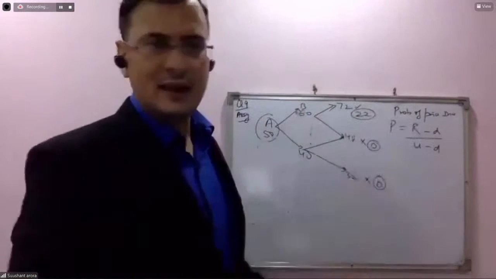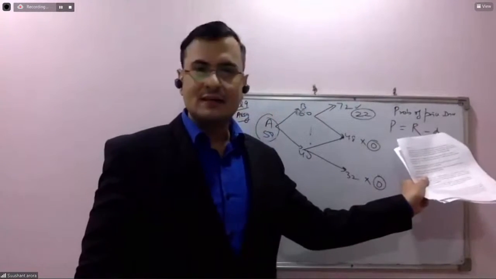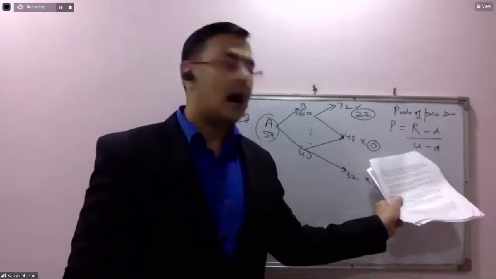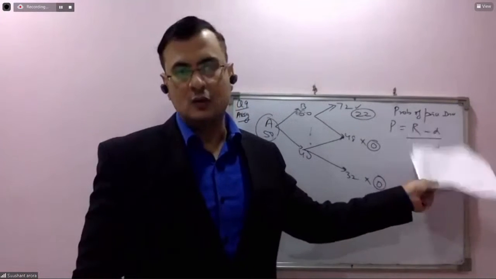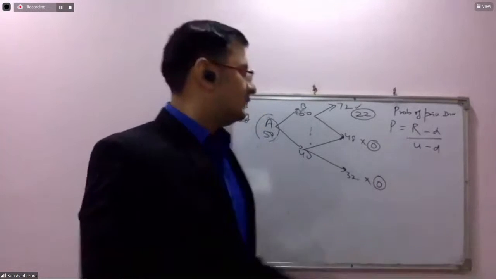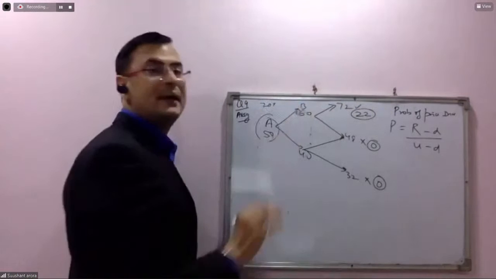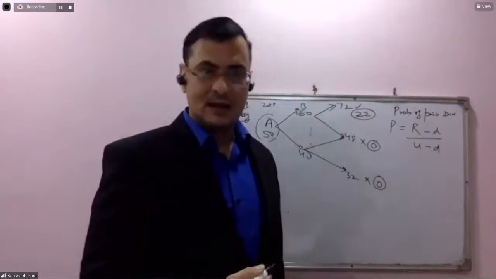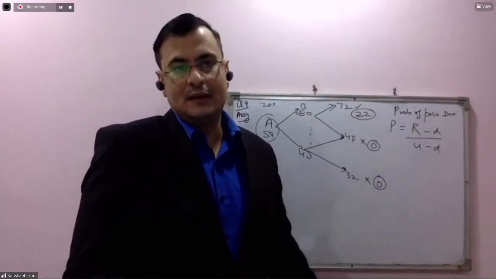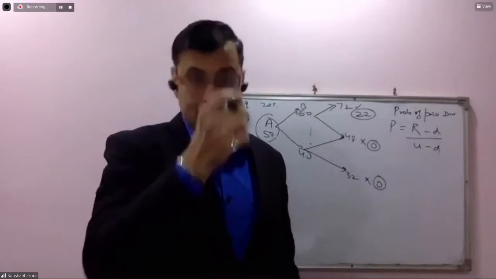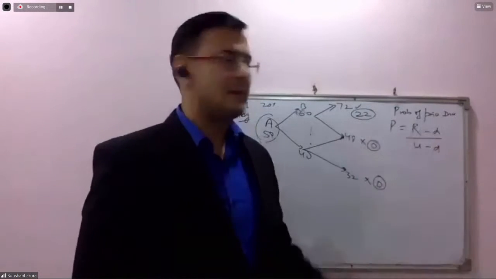Sir, what are U and D? Simple, the decrease in the value and the increase in the value, meaning the upper value and down value. They have given you 20%, both up and down. Sir, can it be different? Yes, in the exam it could be different, but this is a basic model, so we try the basic.